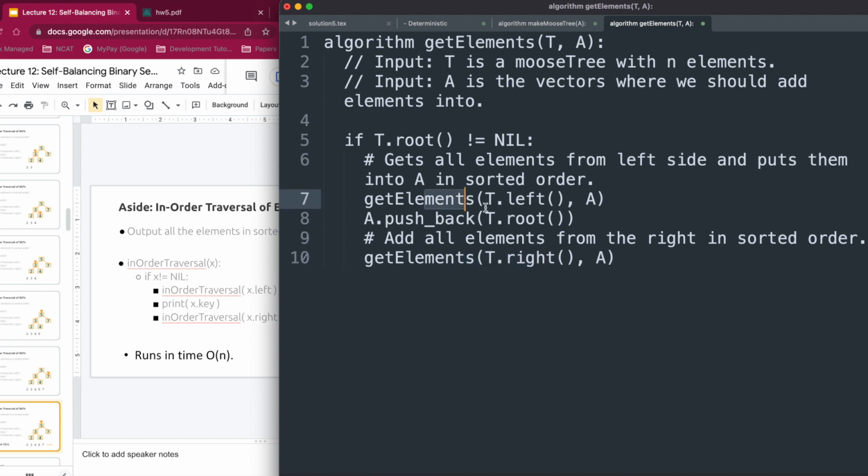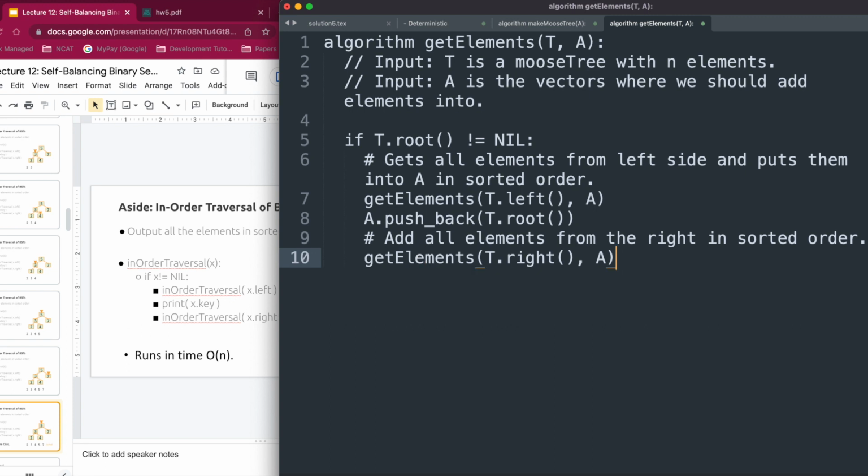And you can imagine this works perfectly fine. This is a very good algorithm, and it's recursive. Because it adds the left side in sorted order, and we know the left side is smaller than the root, we can add the root afterwards, and then we can add the elements from the right side.